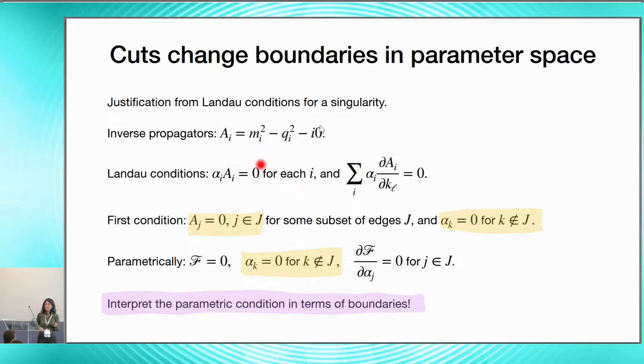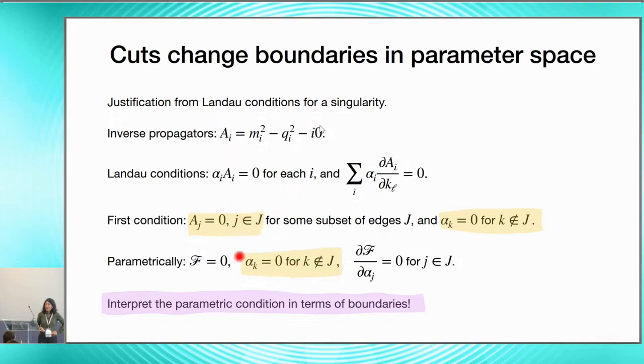Now you can follow these conditions into parameter space. After you integrate out momentum, you can write them, and they were written in this form in the analytic S-matrix book: f equals 0 becomes one of your conditions. Some set of alphas have to be 0.